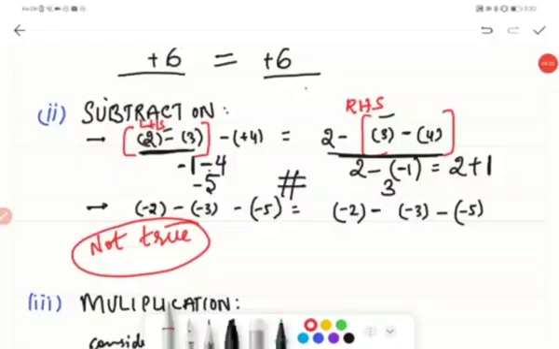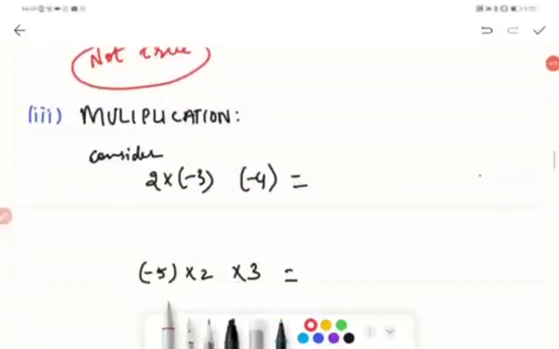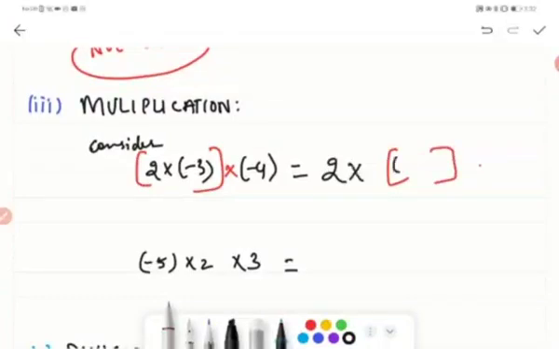Okay, can we do one more? Yes, for multiplication. What do you think for multiplication? Is the associative property true? Let's find out. If I take the bracket initially here, and now if I shift it to the numbers like this, 2 multiplied by minus 3 and 2 minus 4 like this.